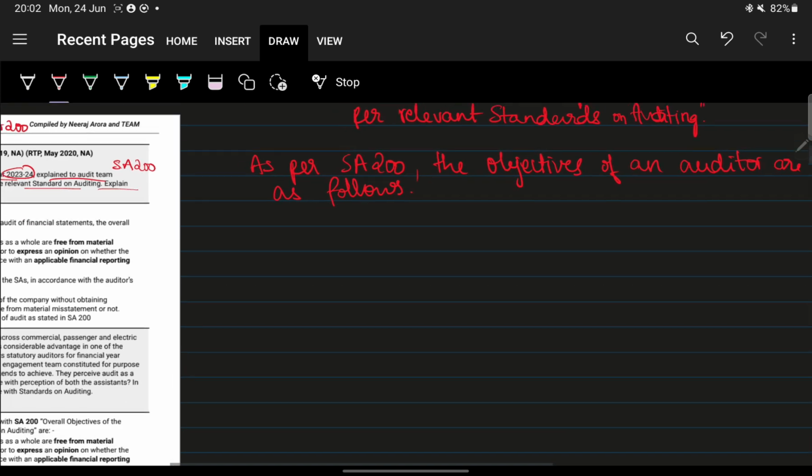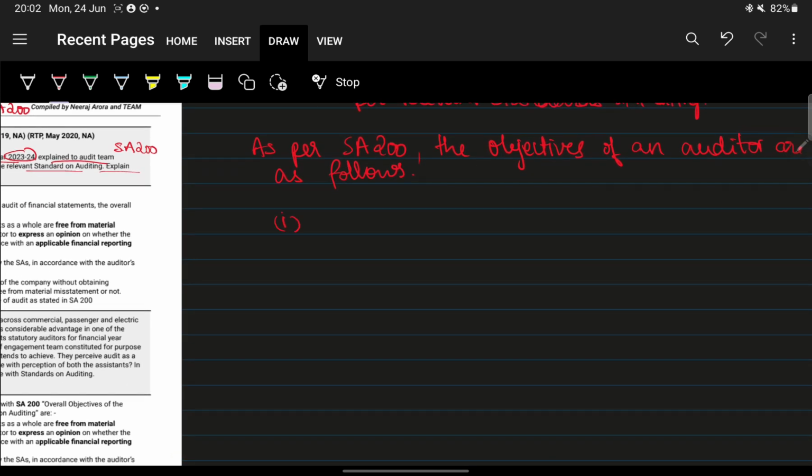Firstly, he has to obtain reasonable assurance that the financial statements are free from material misstatement, whether due to fraud or error.